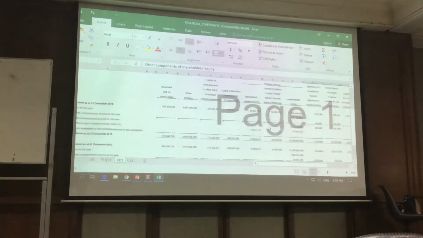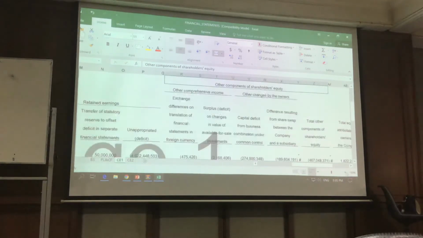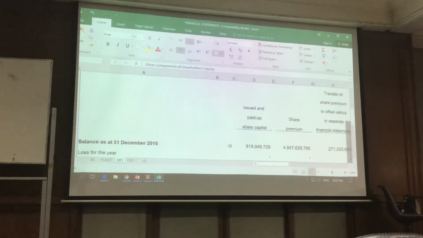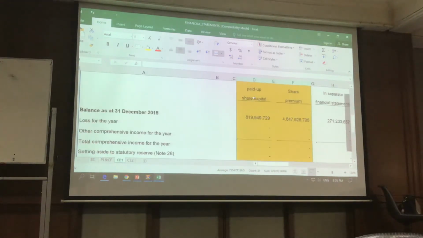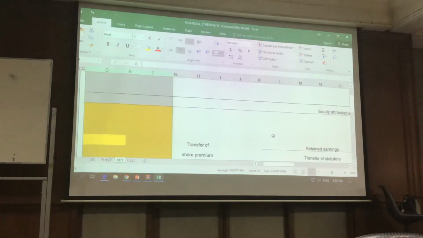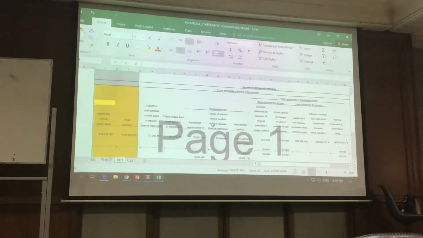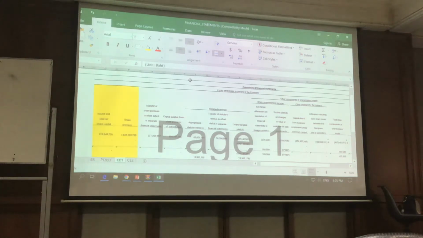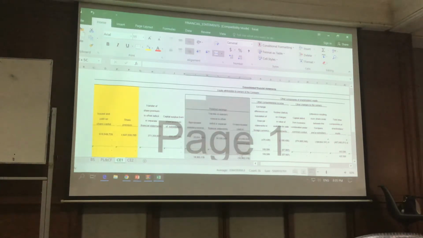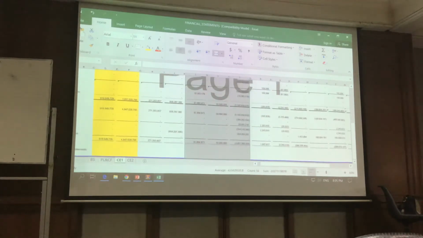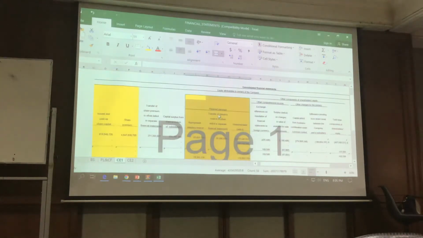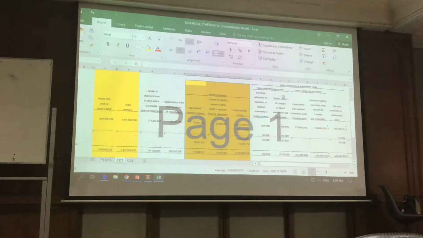Basically, in the statement of change in shareholder equity, you're gonna have first the common stock part, which is issued share and the share premium. Second, you're gonna have the retained earning part. Alright, and what I did not highlight, you can take a look here.